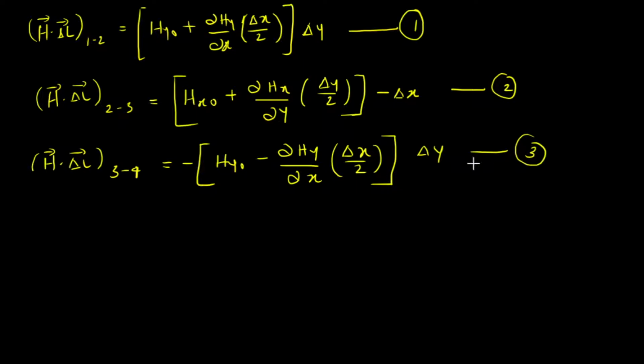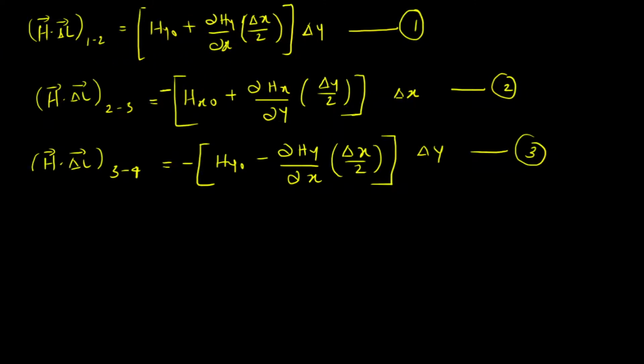This is the third equation. Actually this is minus delta y, but I have written the minus here, so it becomes delta y. If it's confusing, I'll take this minus here and remove the other. This minus is on the top front.